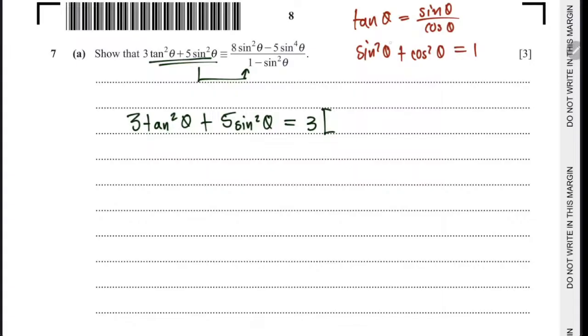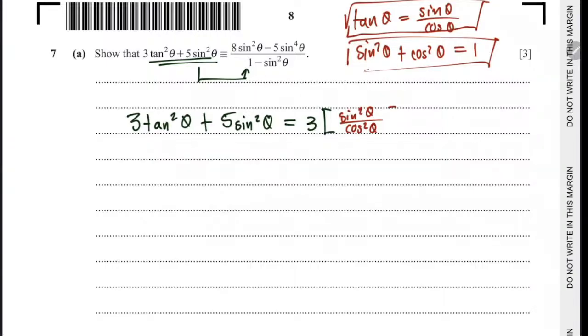And this one, we actually use it in a different way, but I'll show you most of the times. So here you'd say, let's remove tan squared. So it's going to be sine squared theta over cos squared theta, right? Because it's tan squared. Then plus, this becomes 5 sine squared theta.